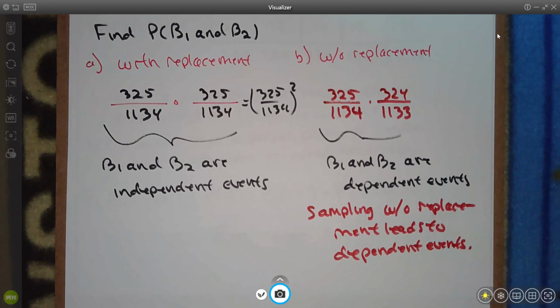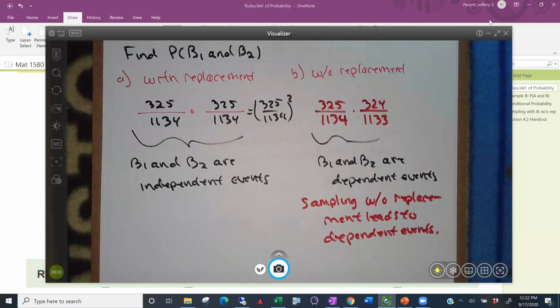Okay. I'll give you a second to copy that down, and then I'll show you in the book what dependent events looks like, how it's defined.